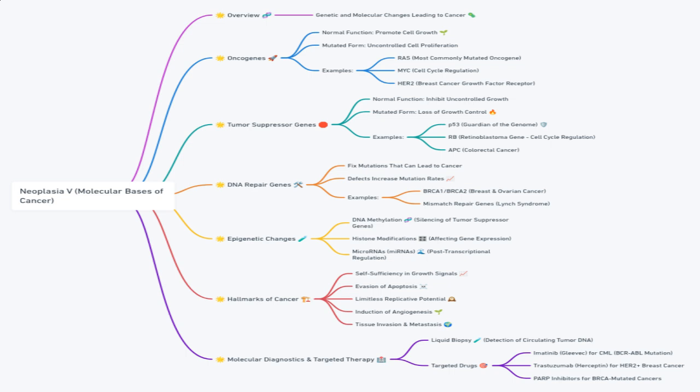Okay, so genes that regulate apoptosis, there is a large family of proteins. The inhibitors of apoptosis are BCL2 and BCL extra large, BCL-XL, and the promoters of apoptosis are BAX, BAD, and BCL-XS.